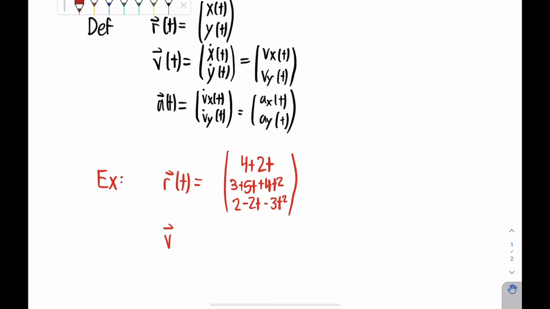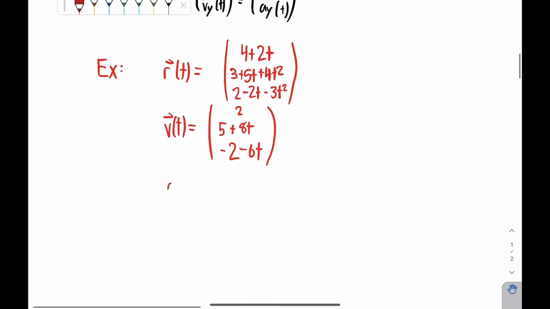For the velocity, we will differentiate this using the power rule by component. For this, we will get 2 for the x component, 5 plus 8t for the y component, and negative 2 minus 6t for the z component.